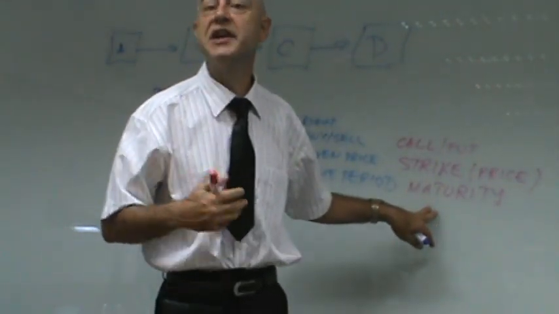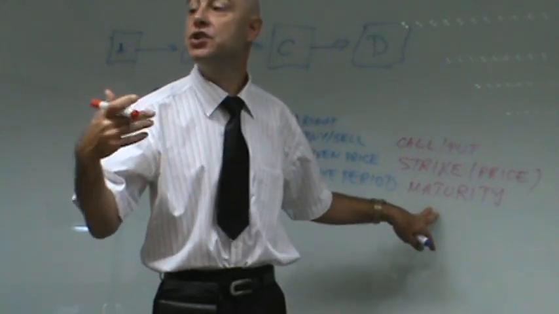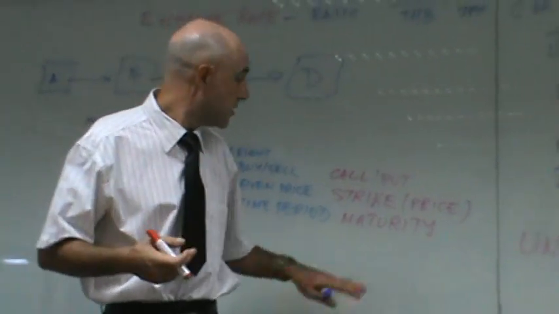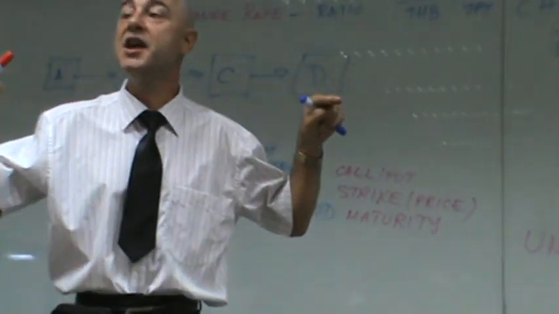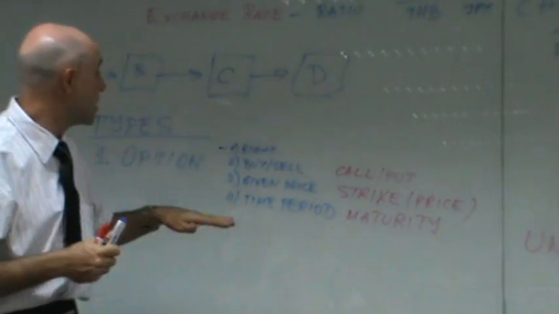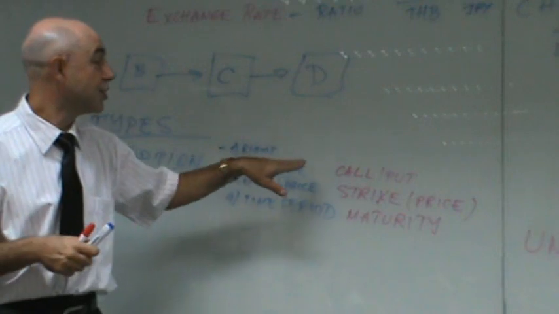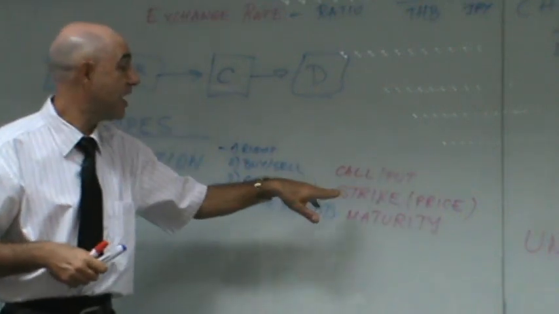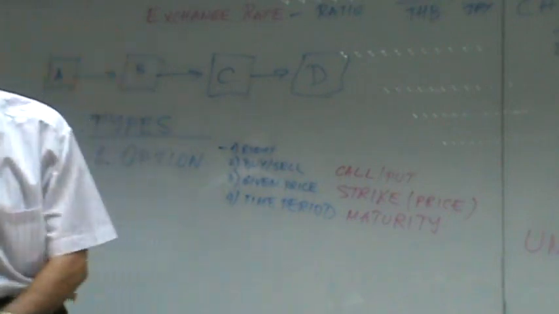Maturity is a time where a security becomes due. Okay? In this particular case, it's the validity of the option. It gives you the time for which you have the right to buy or sell at the given strike price. Okay?